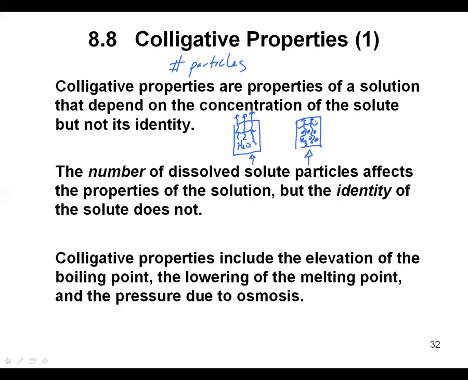Same thing with water when it comes together to freeze, for example. All those water molecules could come in together with nothing in the way. If you put some salt or rock salt, for example, in there, some other things in the way, again, as those water molecules try to come together to freeze, there's a lot of stuff in the way. So it actually will lower the freezing point.